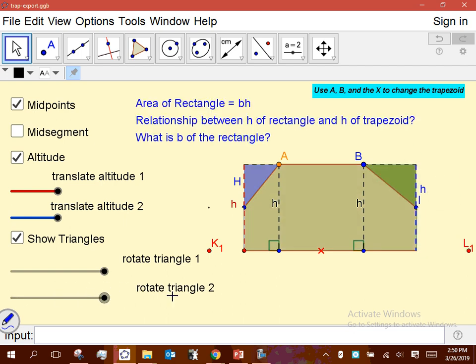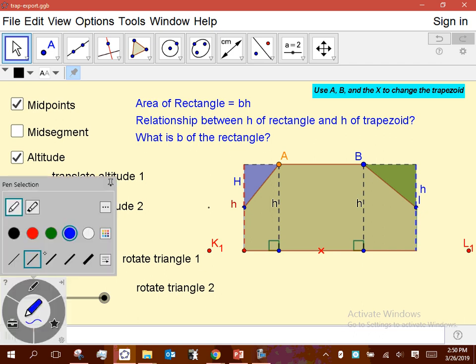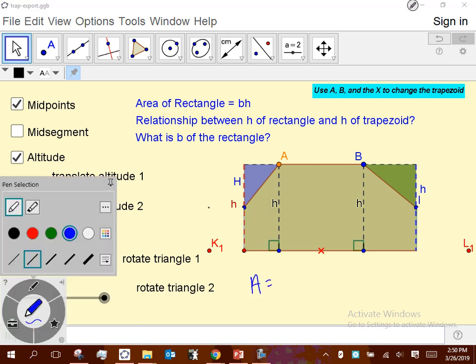What's the area formula for a rectangle? B times H. Okay? So area of this rectangle is B times H. Now, the H is the distance between, maybe, let's just use this top here, that side and that side. Wouldn't the H of that rectangle be the same H that existed for my trapezoid? Okay? So I'm going to leave it as H.